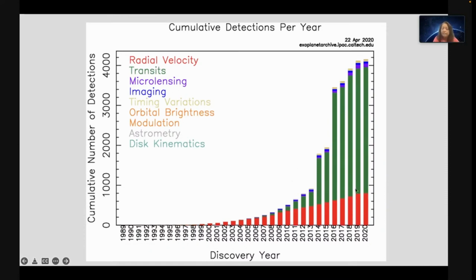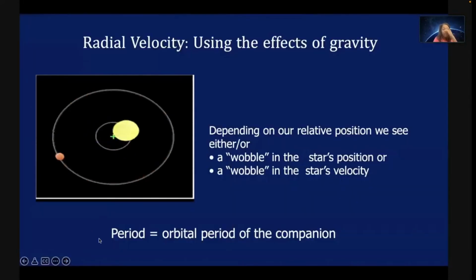But still, essentially, radial velocity and transit are the two most important methods. You also have other methods like microlensing and imaging, but they are much lesser in contribution. So let's first of all start off with the radial velocity technique.